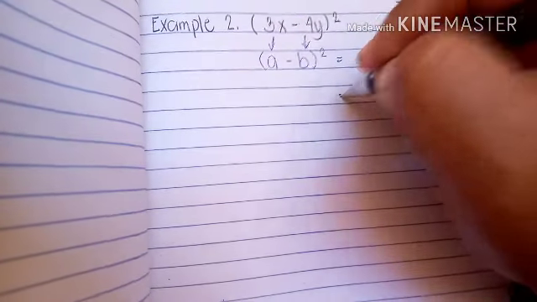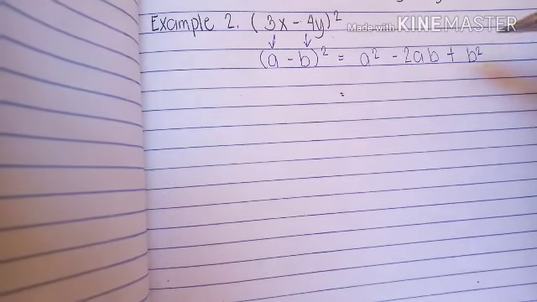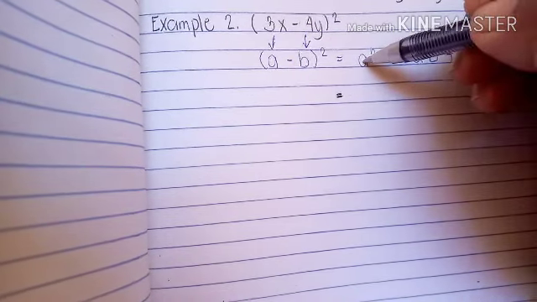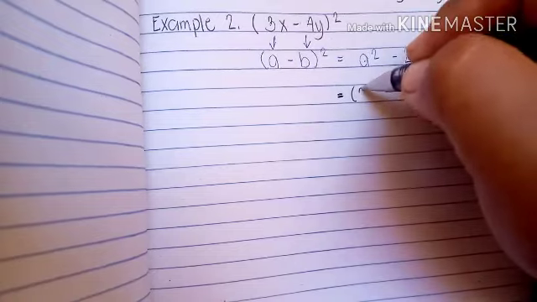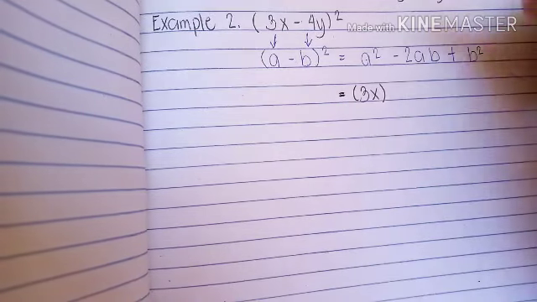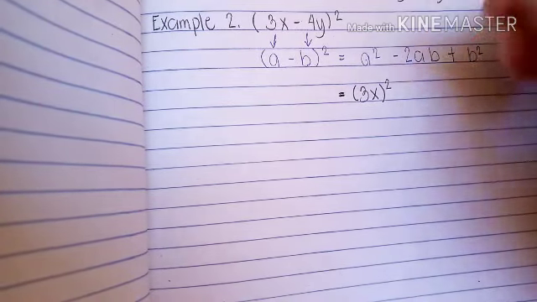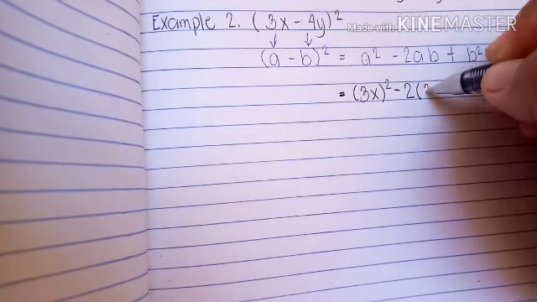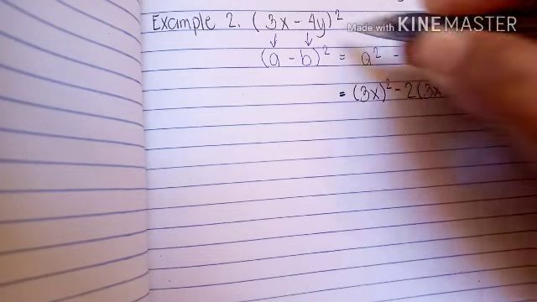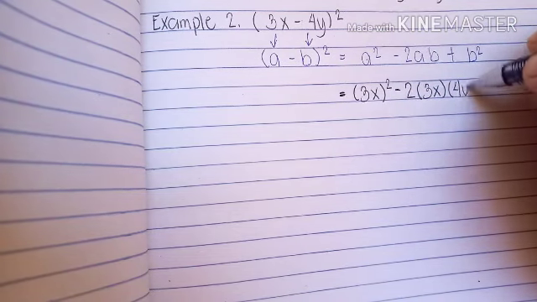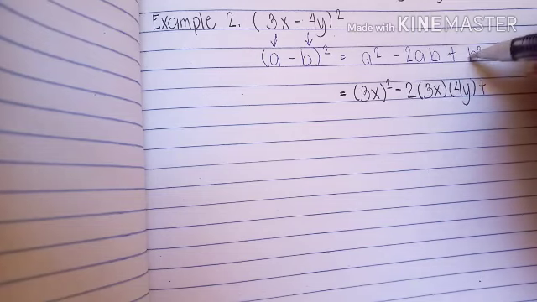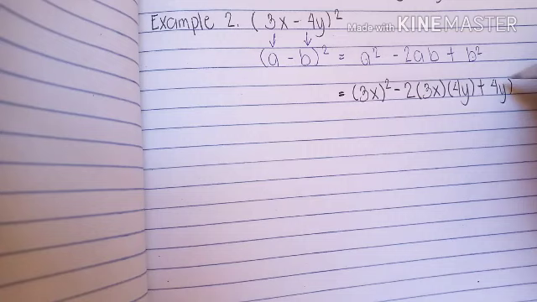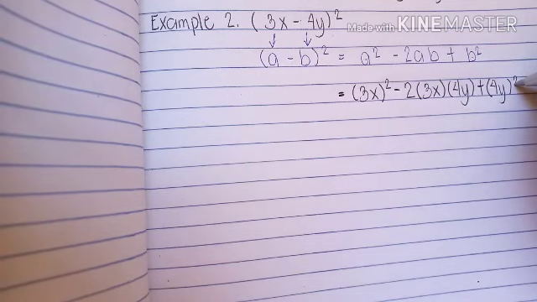So, substituting to the formula a squared minus 2ab plus b squared, a is 3x, that would be your 3x, and we have to square it, minus 2, a again is 3x, b is 4y, plus b again is 4y, and we're gonna square it.